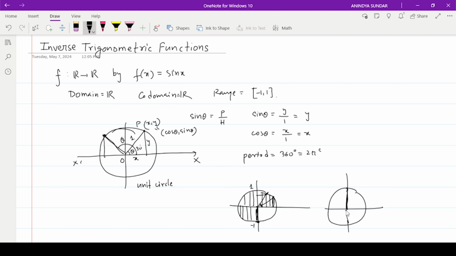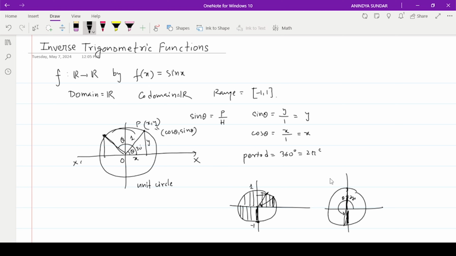And similarly, if I see this one, that means sine of 270. At 270, I can see that the value is exactly -1. So the maximum value is 1, and the minimum value is -1.